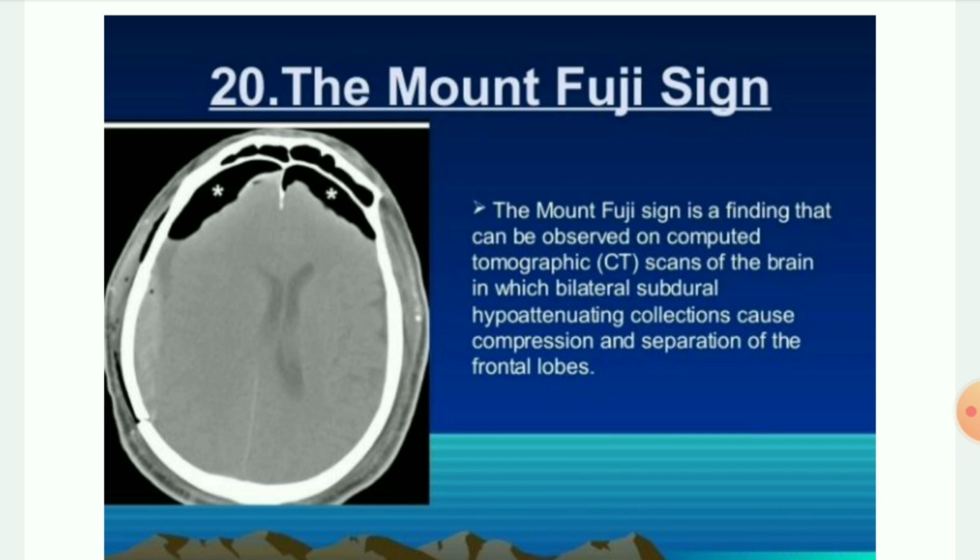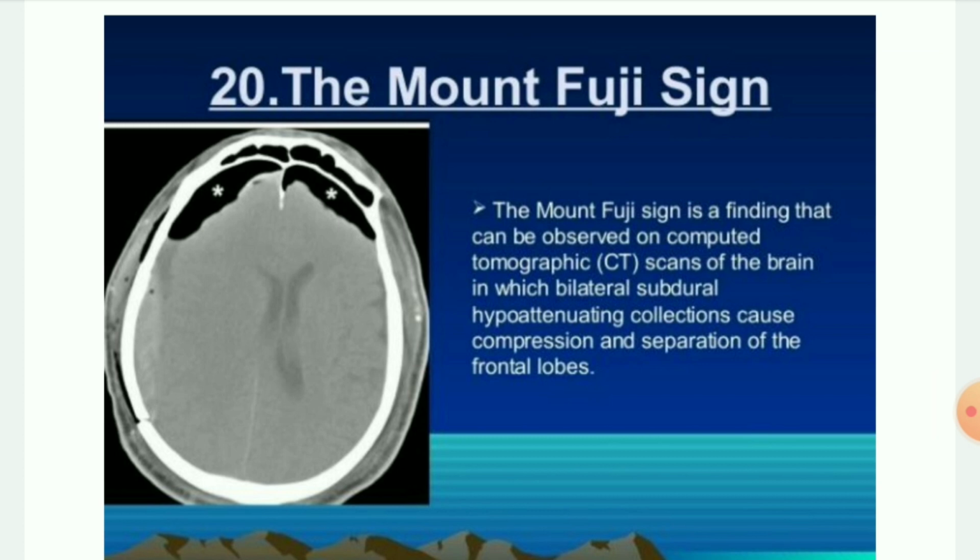The Mount Fuji sign is a finding that can be observed on computed tomography scans of the brain in which bilateral subdural hypoattenuating collections cause compression and separation of the frontal lobes. The Mount Fuji sign on CT scans of the brain is useful in discriminating tension pneumocephalus from non-tension pneumocephalus.